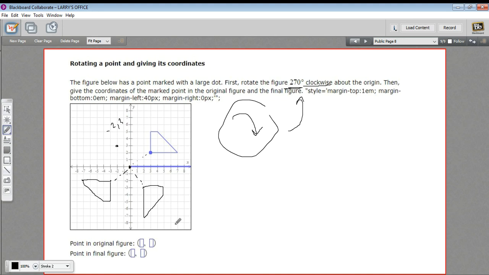And this is sort of like it's been reflected across this diagonal line that goes through the origin when you rotate it 180 degrees. And then finally, to get to 270 degrees, this point is here, and this face is pointing that direction. And it's like that.